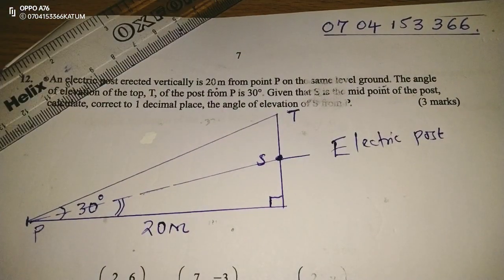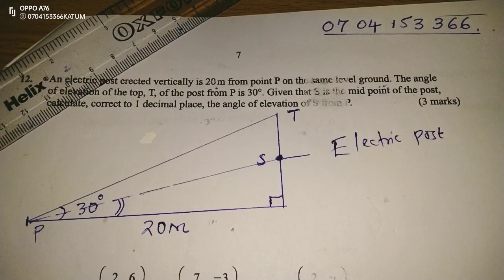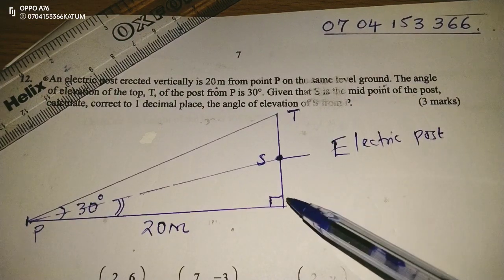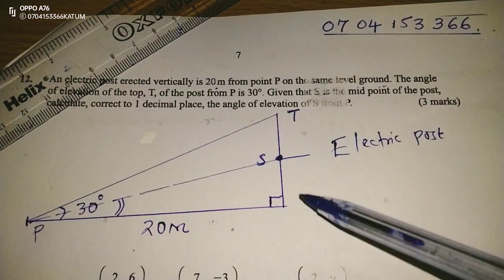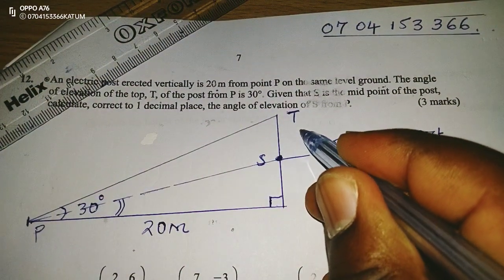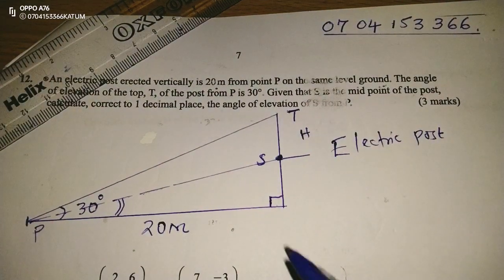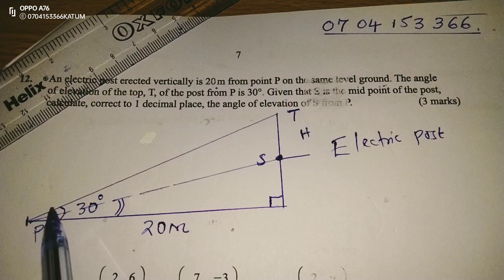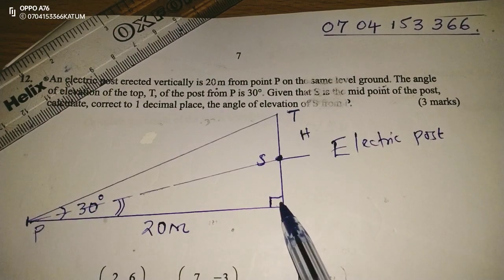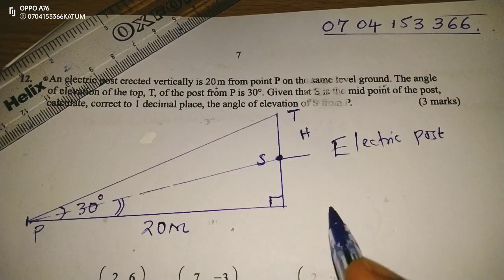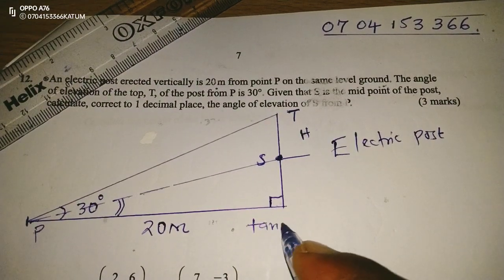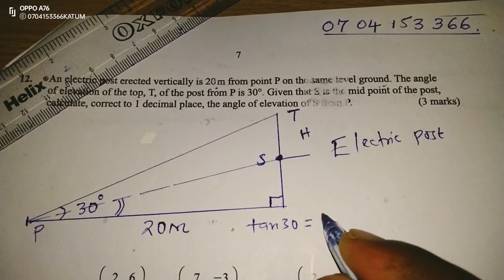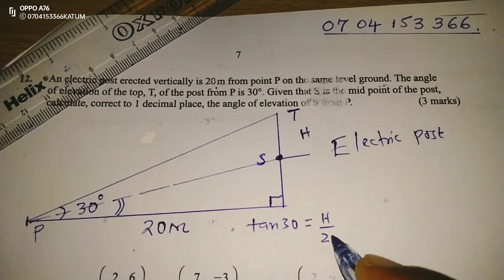Something we're supposed to know is that we can first get this height, which is a constant. Let us get this height, which we can let be capital H, so that using trigonometry, because we have an angle, the adjacent side, and we want the opposite, we can talk of the tangent of 30 being given by the opposite H out of the adjacent 20.